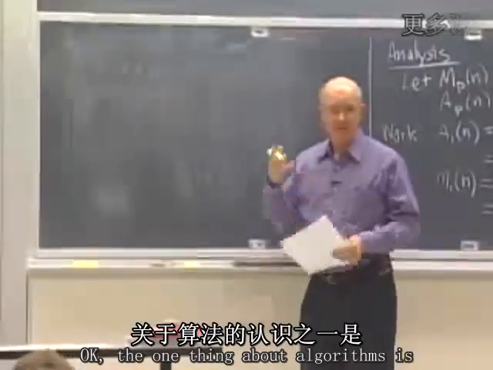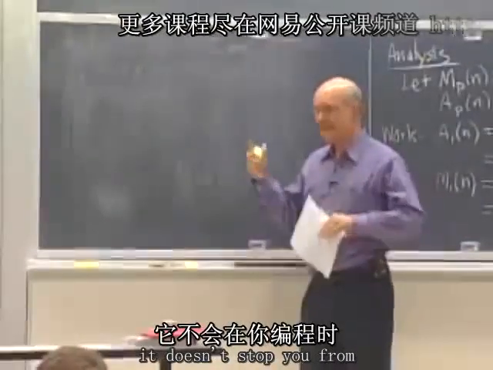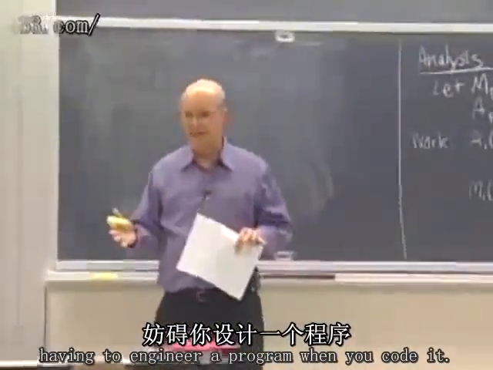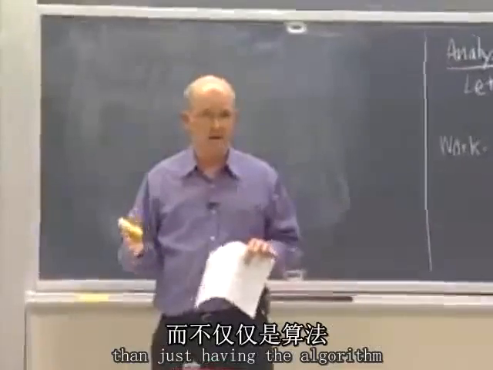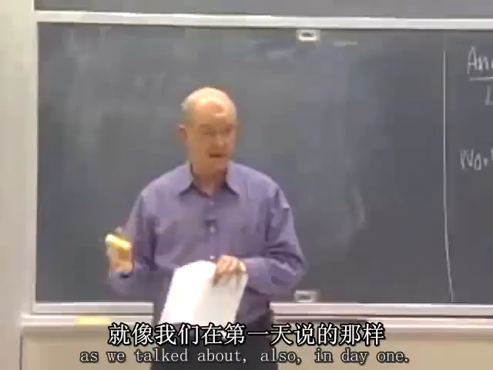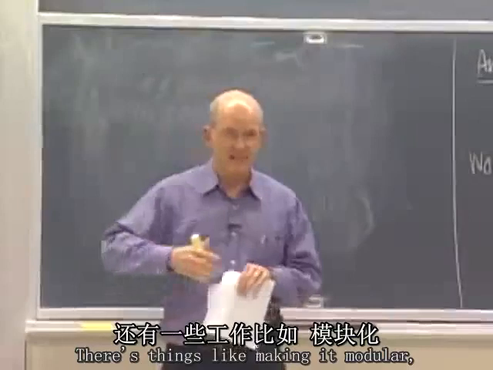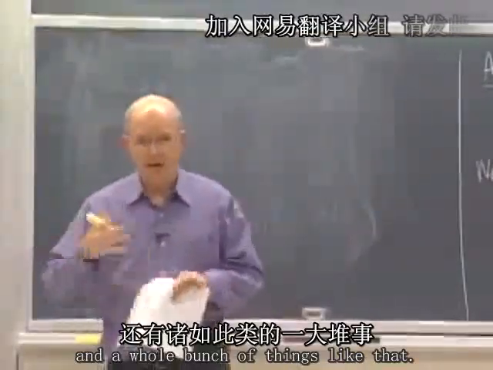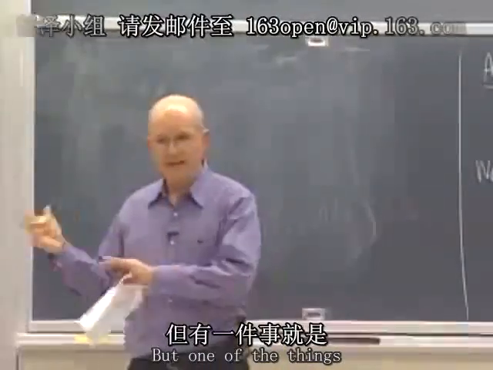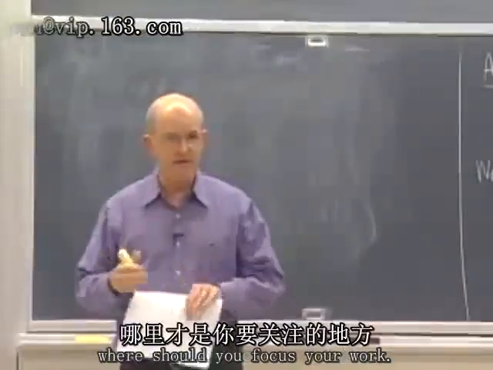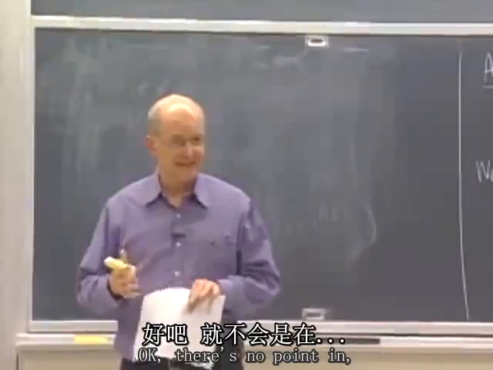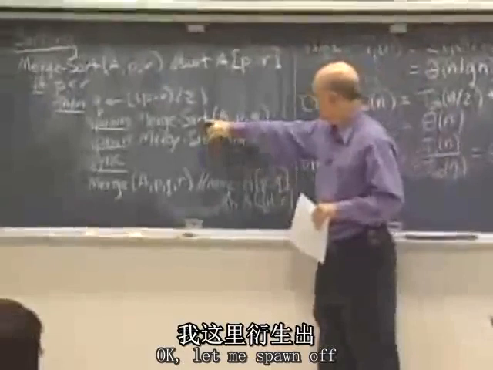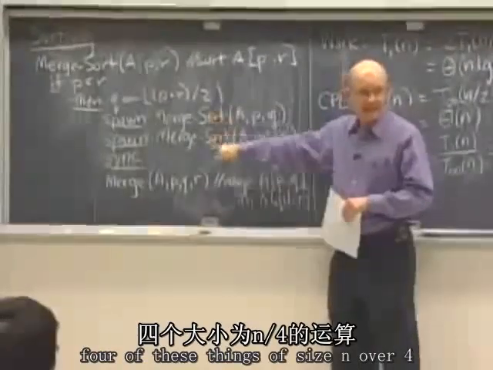The one thing about algorithms is it doesn't stop you from having to engineer a program when you code it. There's a lot more to coding a program well than just having the algorithm, as we talked about in day 1. There's things like making it modular and making it maintainable. But one of the things that algorithms does, it tells you where you should focus your work. There's no point in spawning off 4 of these things of size n over 4.